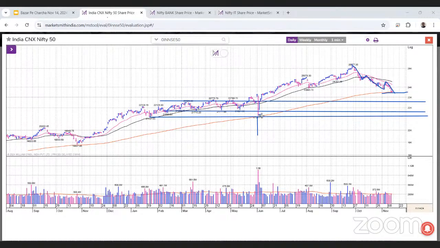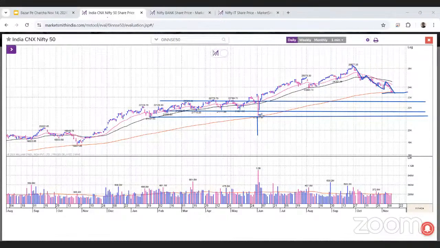I'm not saying it will happen, but possibilities are there that it may achieve many targets on the downside: 23,000, 22,800, 22,000, or maybe 21,000 also. So let's see how things improve in coming days.